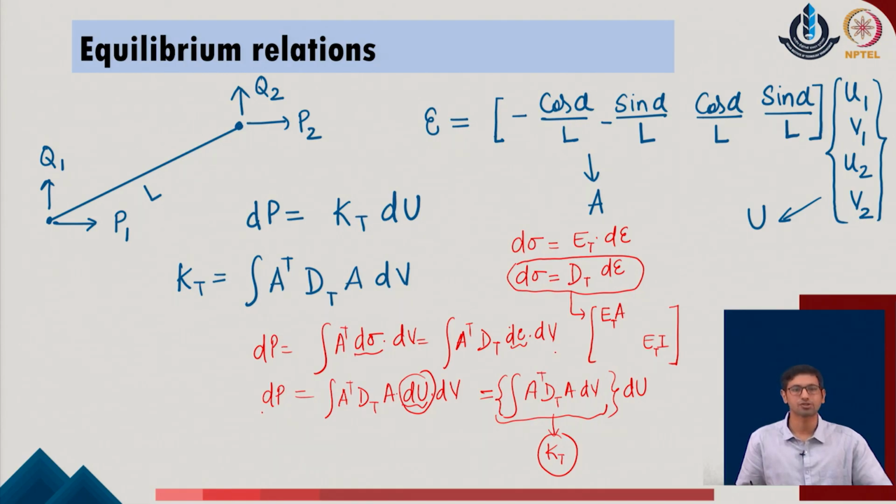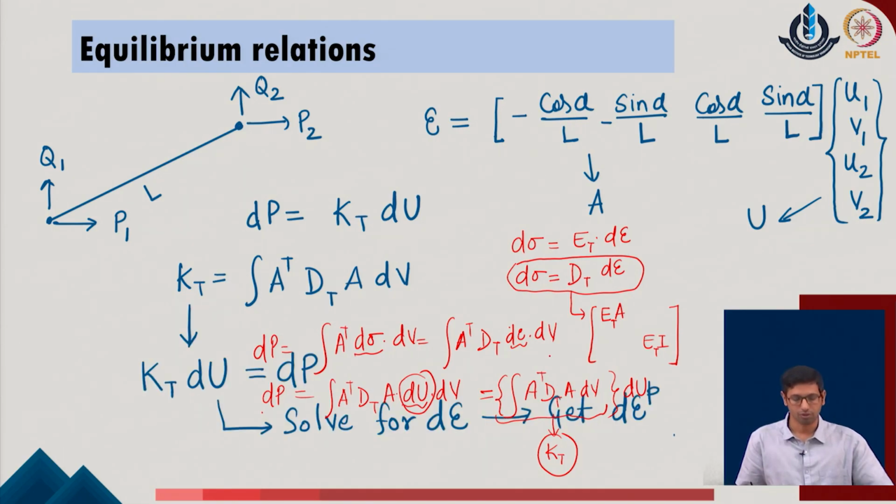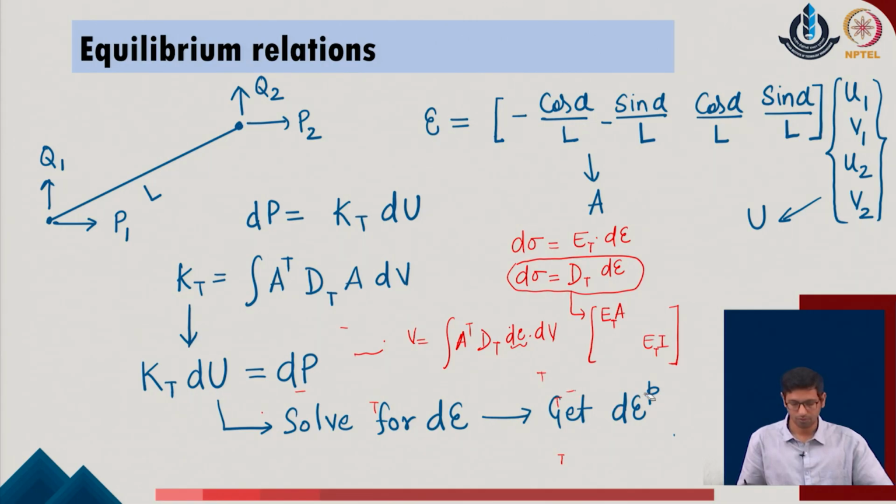So, we will now look at the stress increment in the given system. As we look at the given problem, we have identified this part as that once the kT value is known, user can go with the expression that kT into du equal to dp, where the dp is the increment provided with respect to the nodal loads of the given system.